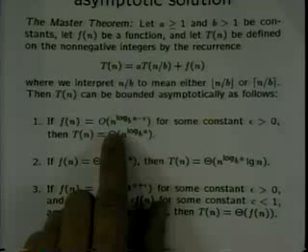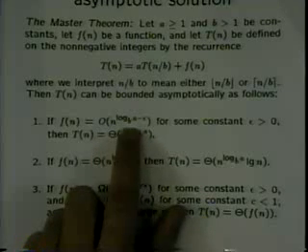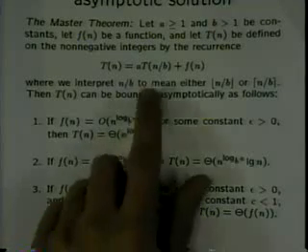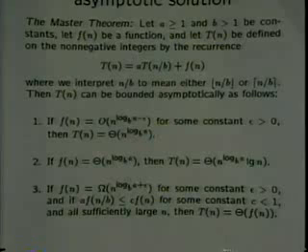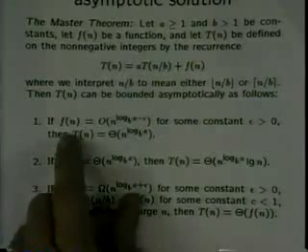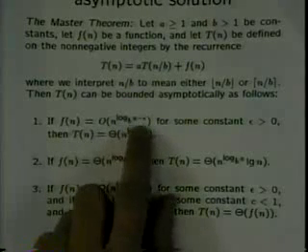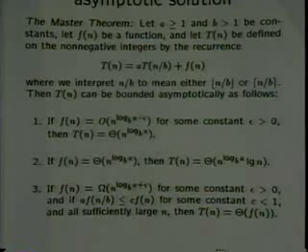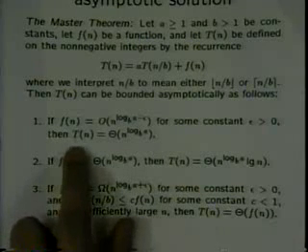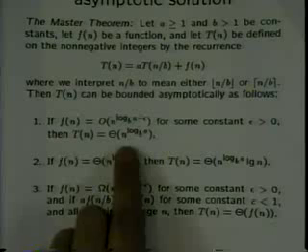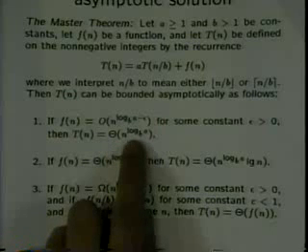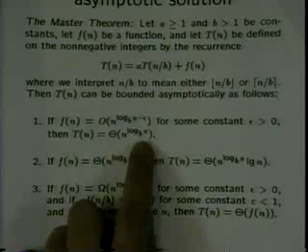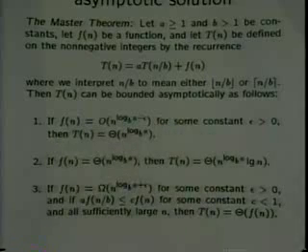What is this thing? n to the log base b of a. a and b were constants, so you can find out what that value is by sticking it in your calculator. If f of n is less than n to that constant minus some other tiny constant, then the answer to this recurrence is theta of n to that constant. That's what the answer has to be if that condition is true.